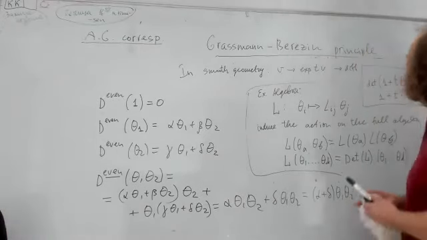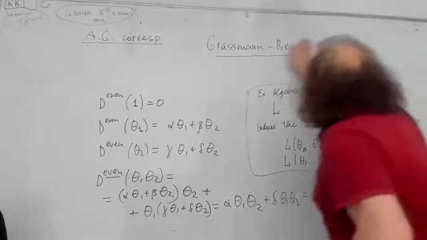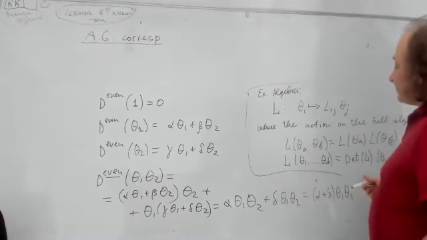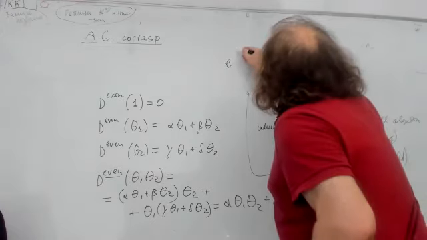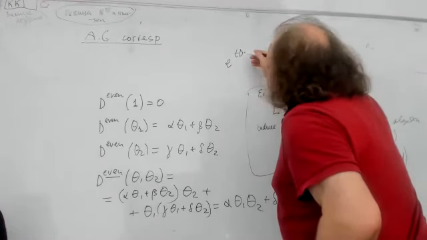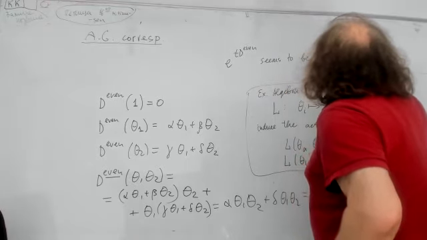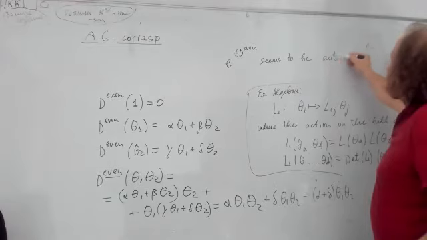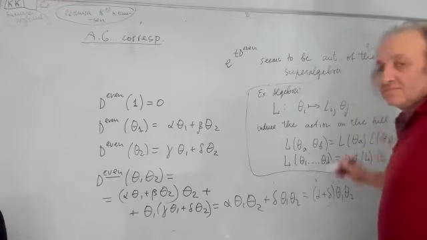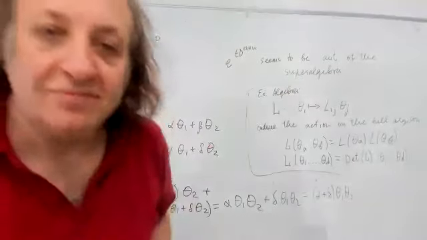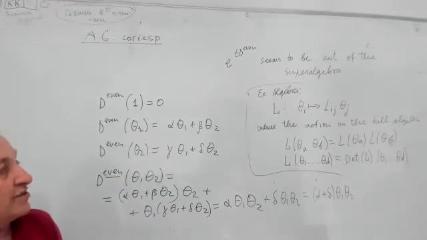So, e to the d even seems to be an automorphism of the algebra, especially when the superalgebra is finite dimensional.